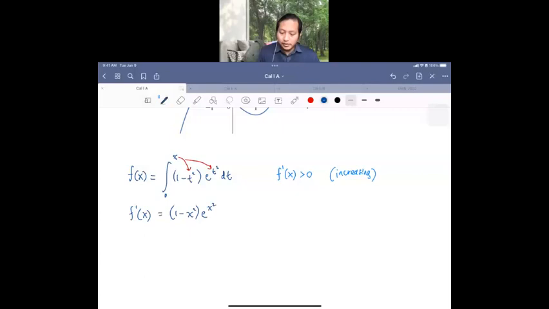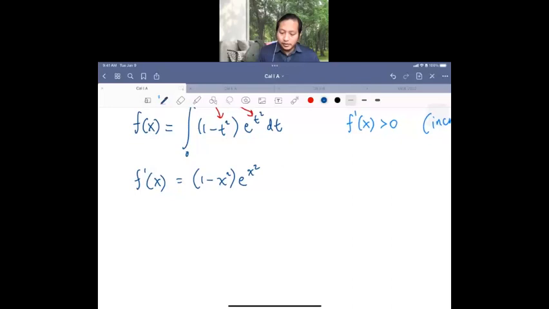Okay, and then what we can do from here, we need to have this inequality, right? So 1 minus x squared times e to the x squared should be greater than 0. Okay, and then this e, we can say this e is always positive, right?